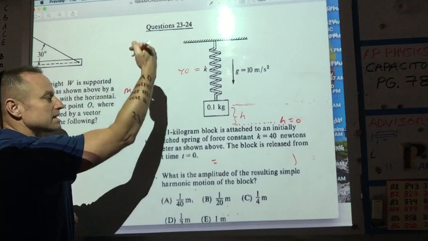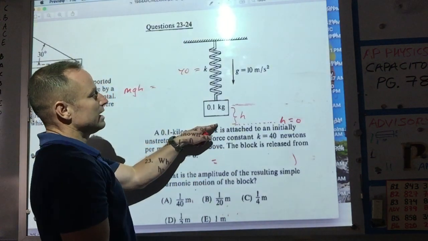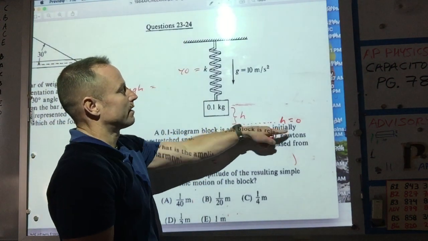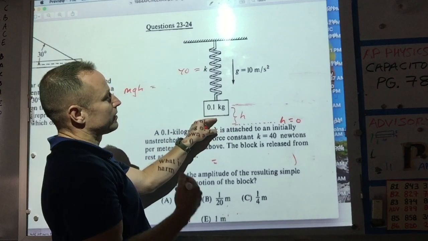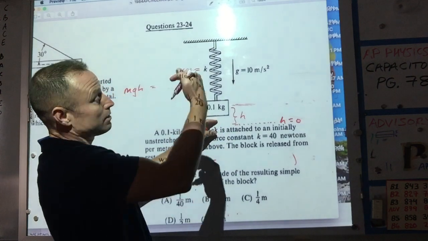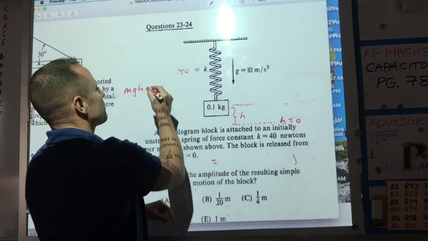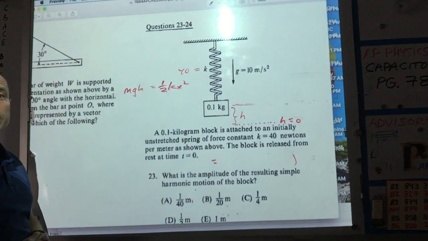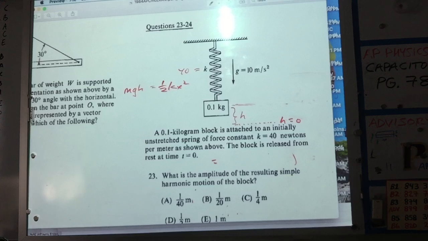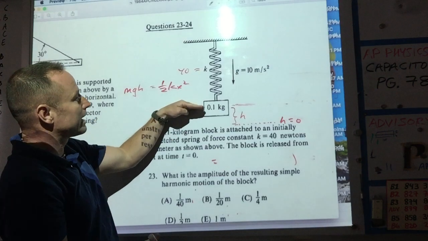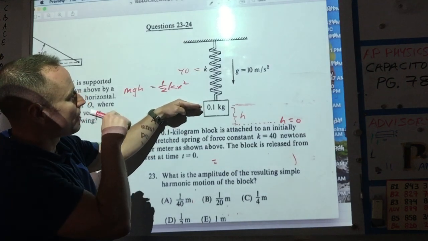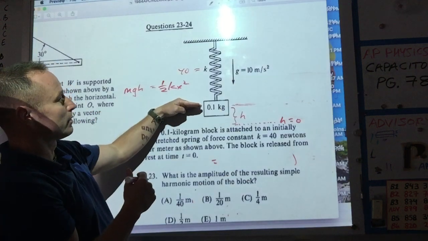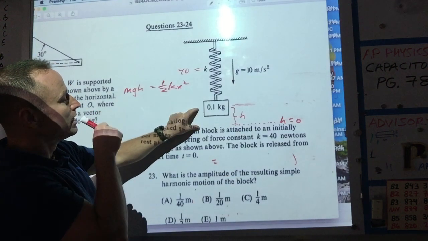And then when it gets to the bottom, it's going to be at height 0, and it won't be moving again. So the only type of energy present will be the spring potential energy, 1/2 kx squared. And that's how far it gets from the unstretched or equilibrium location. So that is going to be the amplitude.